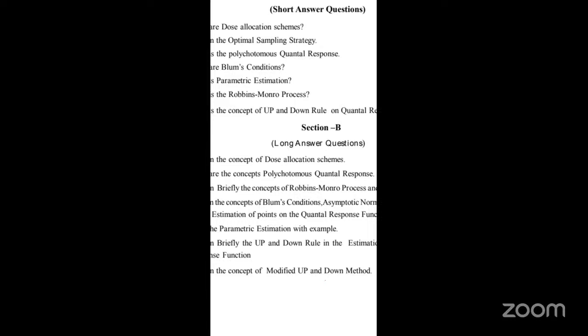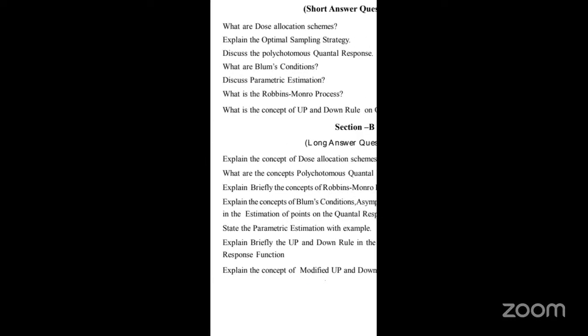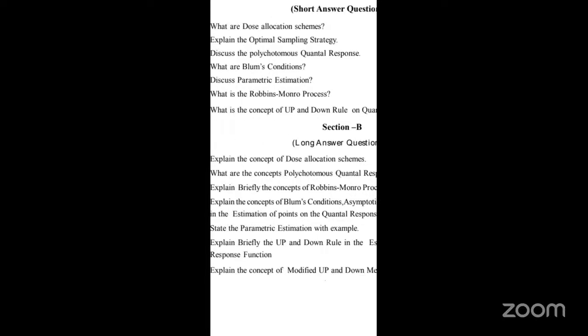Next, long answers: the concept of polychotomous quantal response; briefly, the Robbins-Monro process and procedure; linear approximation, asymptotic normality, and the concept of Blum's condition.